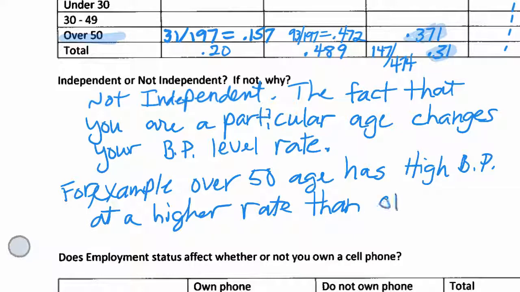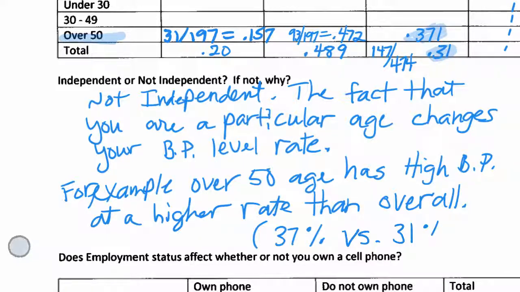And you have to put the specific numbers. So what's the comparison of those numbers? 37% compared versus 31%. So that is a full write-up for one that is not independent, giving a specific numerical example.